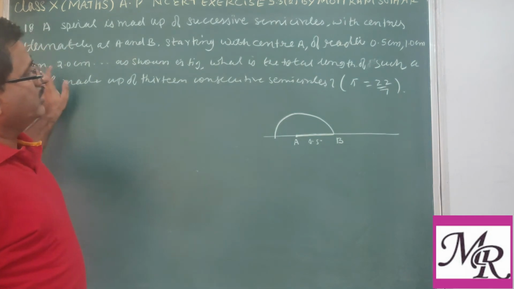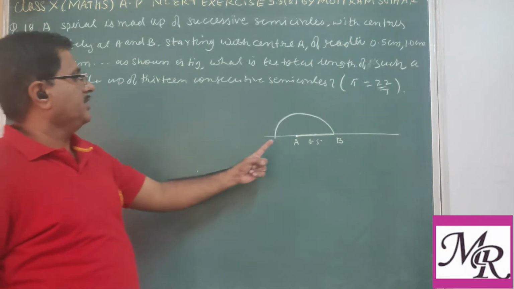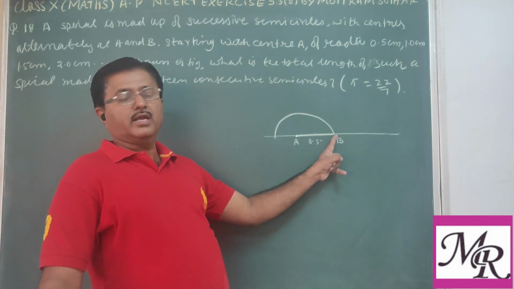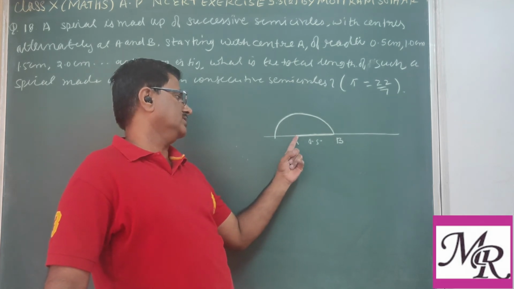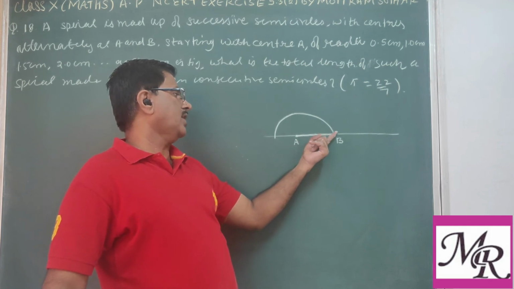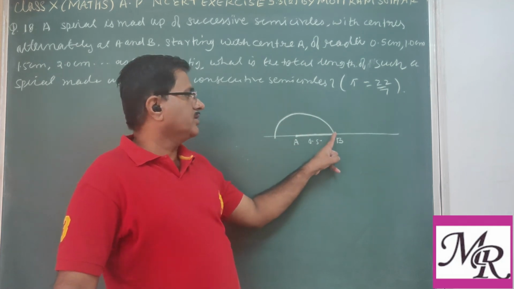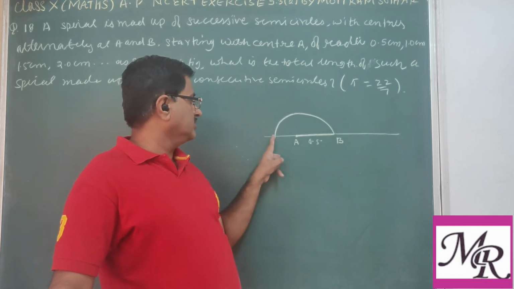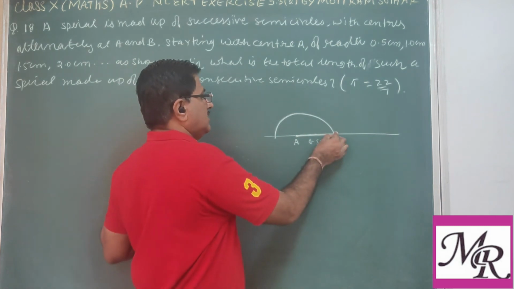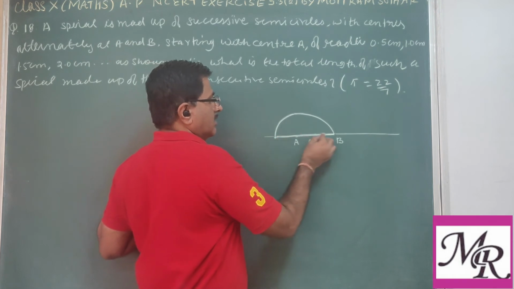Then the radius becomes 1.0. Now we take center at B, radius 1, which means this is the total radius.